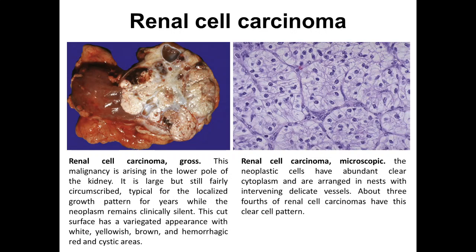And histologically, renal cell carcinoma shows some areas with neoplastic cells which have abundant clear cytoplasm and are arranged in nests with intervening delicate vessels. About three quarters of renal cell carcinomas have this clear cell pattern.